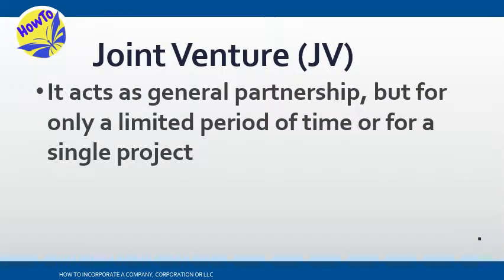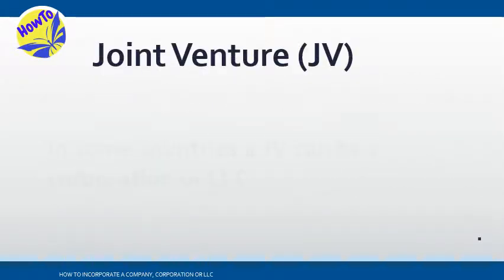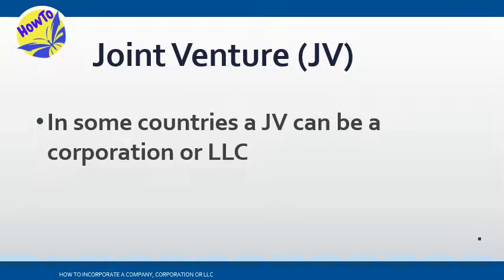A joint venture acts as a general partnership, but for a limited period of time or for a single project. Partners in a joint venture can be recognized as an ongoing partnership if they continue the venture, but they must file. In some countries, a joint venture can be a corporation or an LLC.